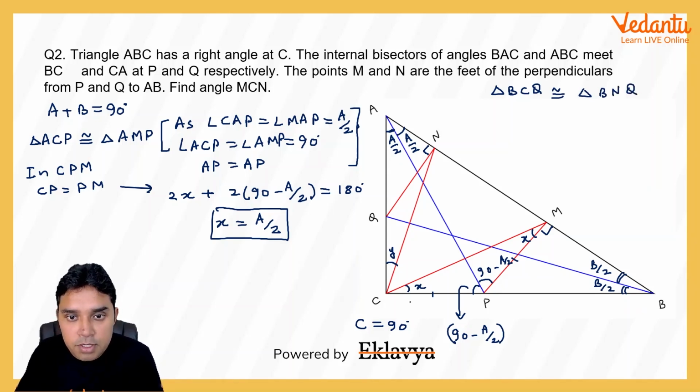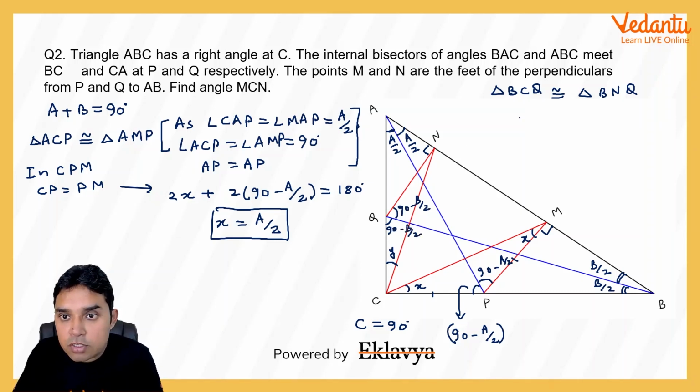Okay, BCQ and BNQ will be congruent because these angles are 90 and 90, this is B by 2, and there is a common side. Hence this angle here will be equal to this angle here, and they both will be 90 minus B by 2, 90 minus B by 2.